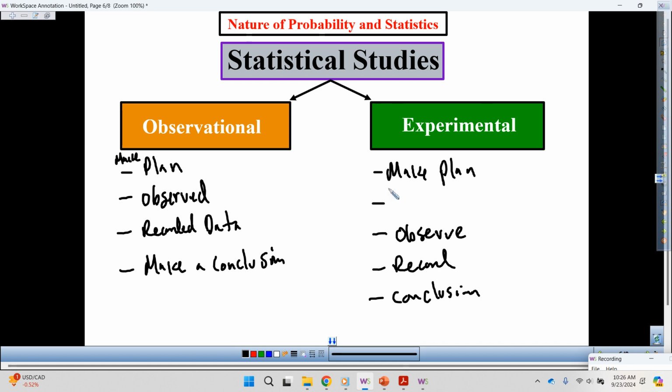All right. So if you notice, we do need to make a plan. We do need to observe. We need to record. We need to conclude. But something's different for experimental.